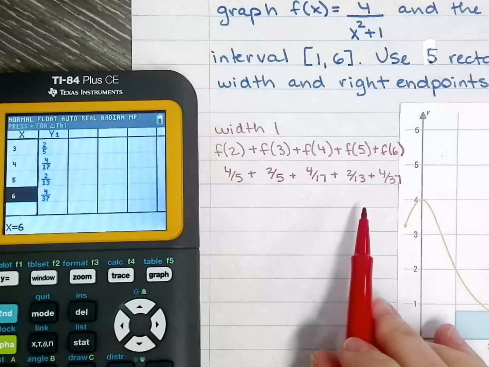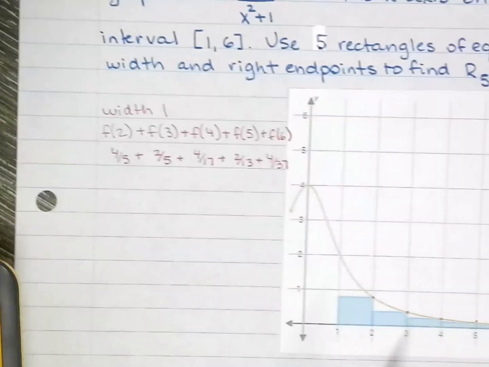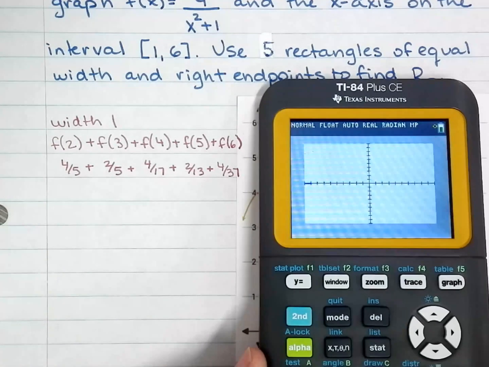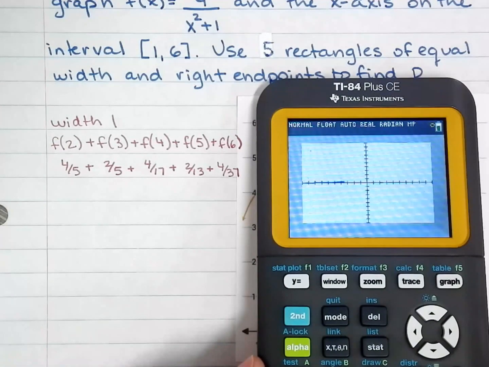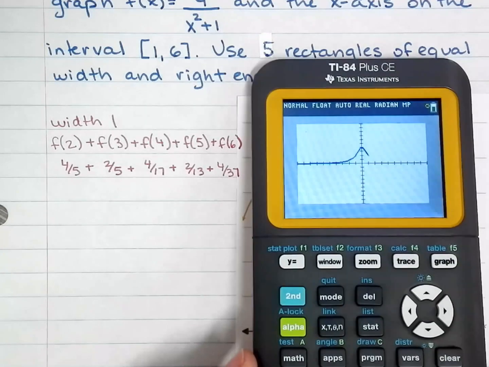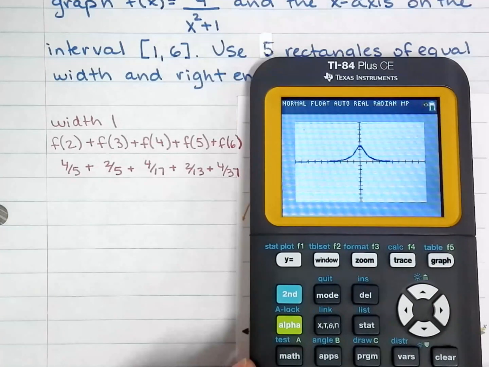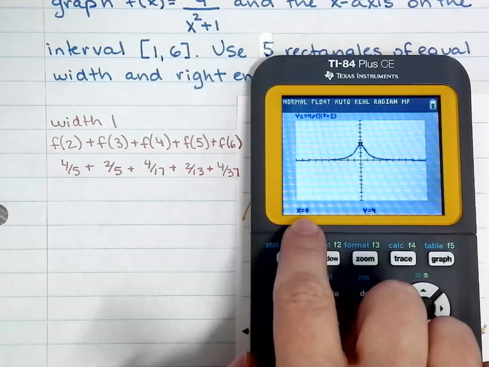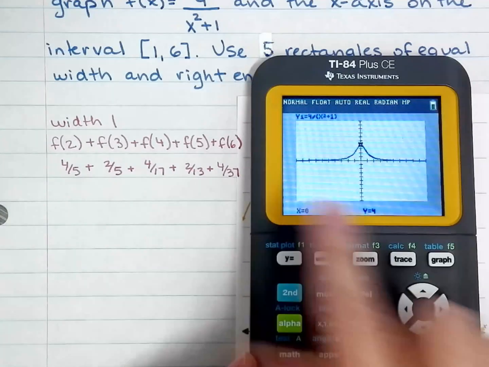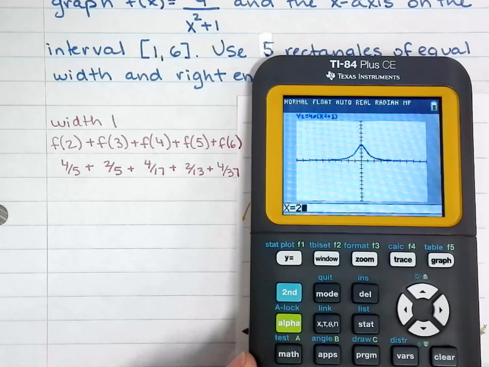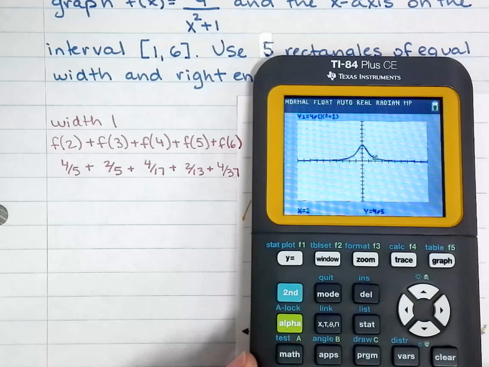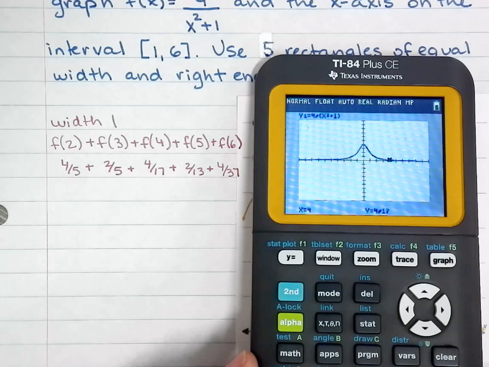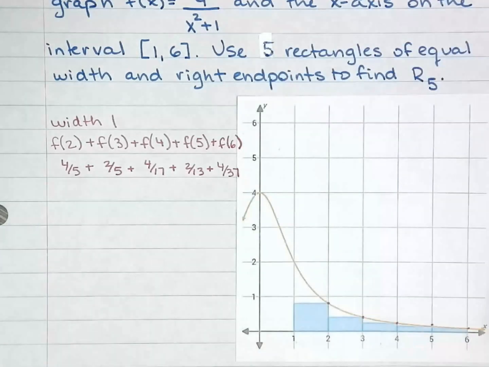This is one way to do it, by pulling the information out of the table, or if you are right there at the graph, you can go trace and then ask for whatever x you want. So right here I want x equals 2, and then it will bring back the y value. And then you do the next one, it will bring it back. So either way, there's that option.